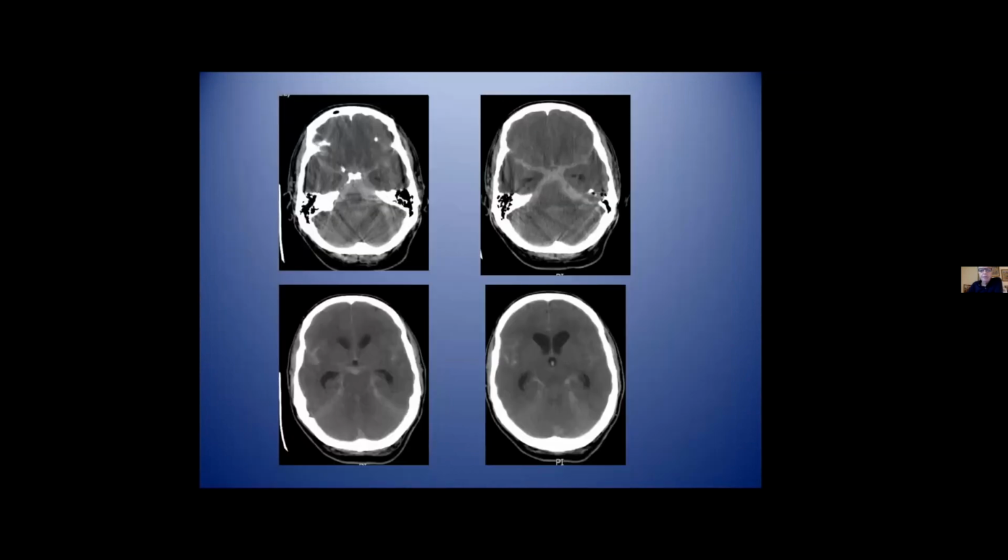Another example is a dissecting aneurysm with subarachnoid hemorrhage in the PICA. No, sorry, in the vertebral. Here I decided to treat it with sacrifice of this portion of the dissection.